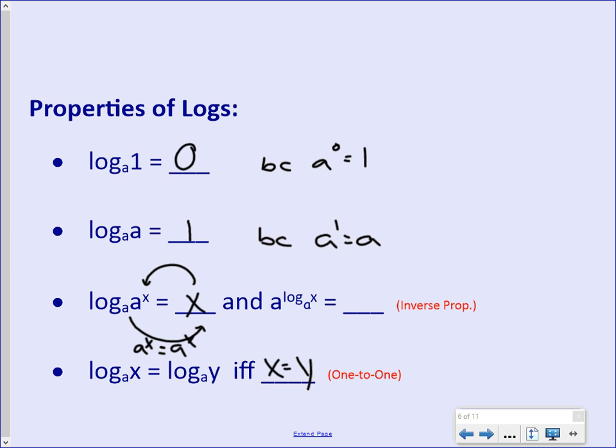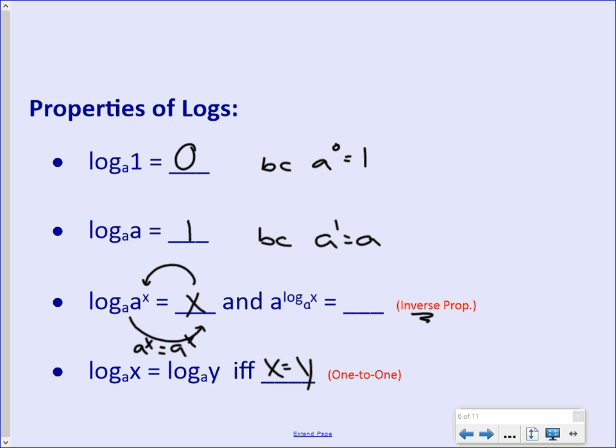True. So think also about what inverses do mathematically in inverse operation. If you have plus 5, the inverse operation of plus 5 is minus 5, and what do they do? Cancel each other out, right? So if you take log base A of the exponential A to the x, the log and the exponent are going to cancel out. You're just going to have x as your answer.